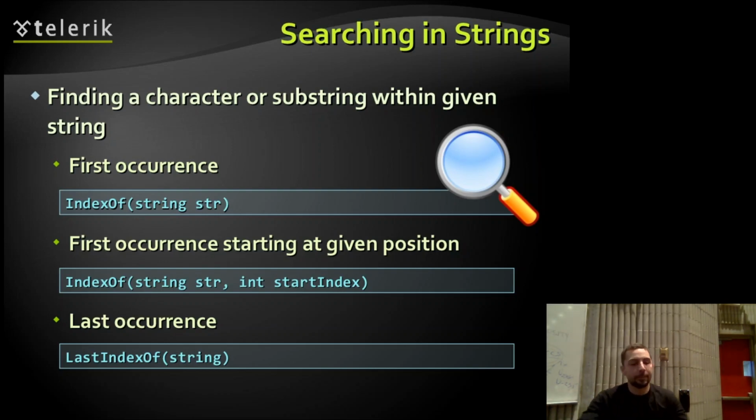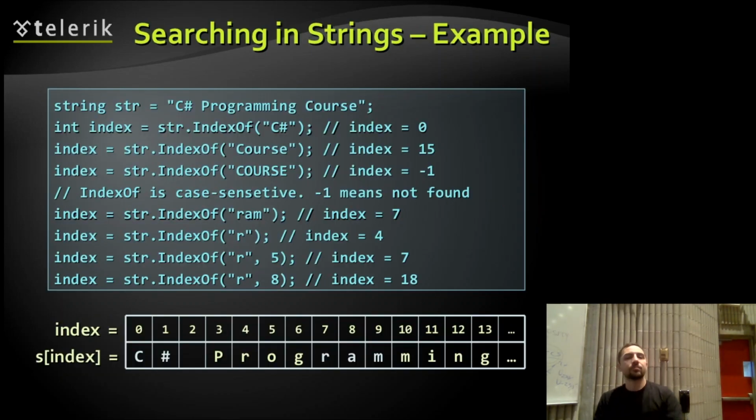Okay. Just gotta get to the right place here. So all of these options here, this is an instance method, index of. Okay. And so the string is C# programming course. So if you find index of C#, it's a 0. Index of course is 15.